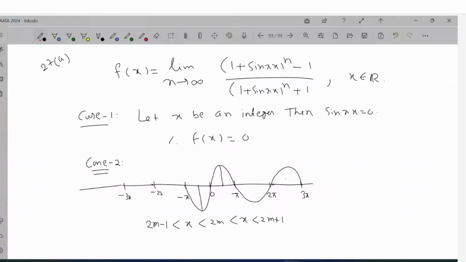For any integer m, 2m less than x less than 2m plus 1, whenever x satisfies this inequality, we have 0 less than sin pi x less than 1, correct?